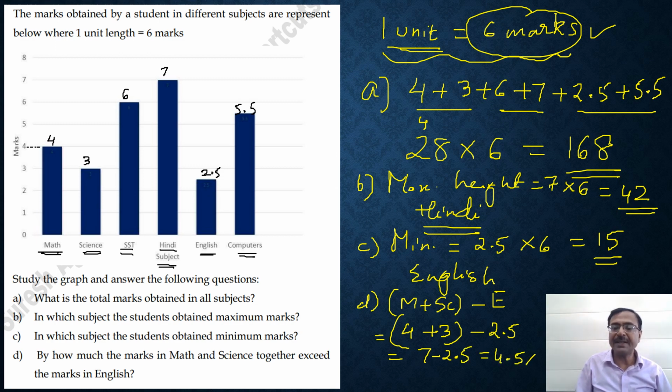And if you multiply that by 6, you will know that the difference between the total marks of maths and science and English is actually 27. So 27 marks is the answer for the last part. Multiplication by 6 is really important here because the unit on the y-axis is represented by 6 marks.